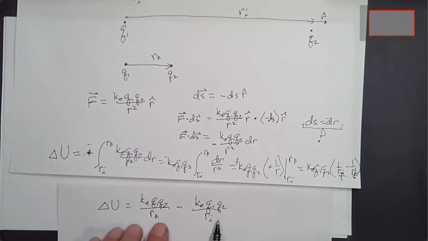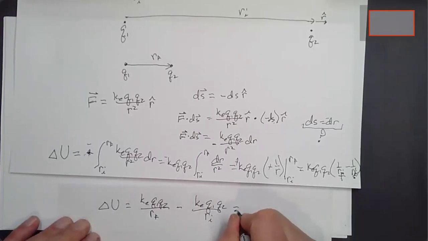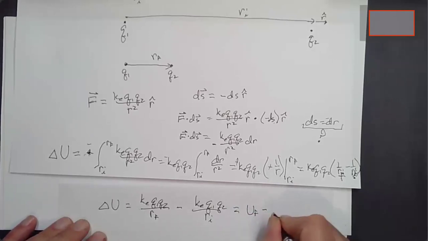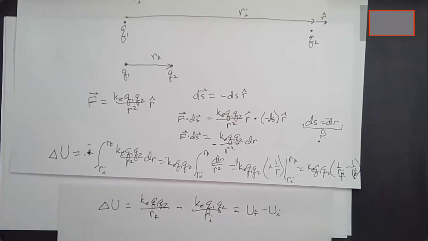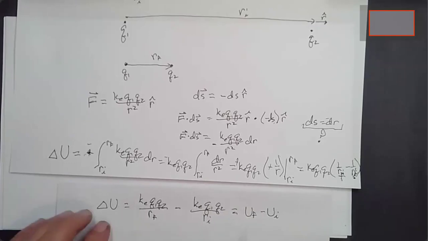This is the change in potential energy, which in this case would be U final minus U initial.